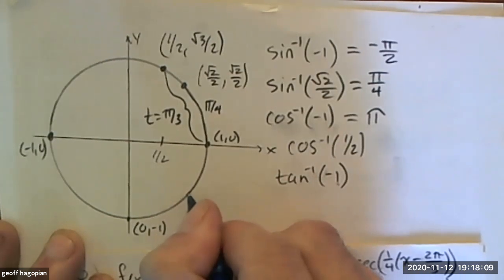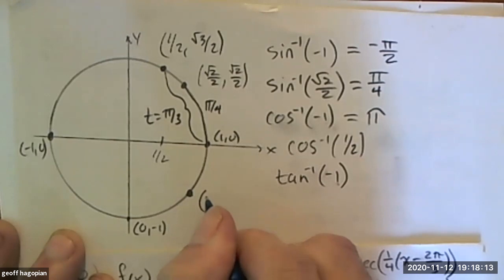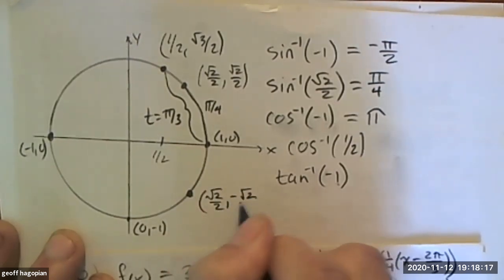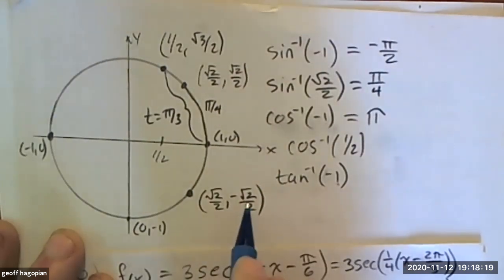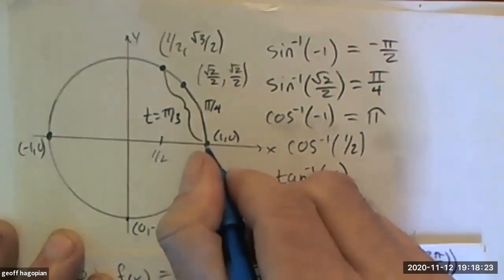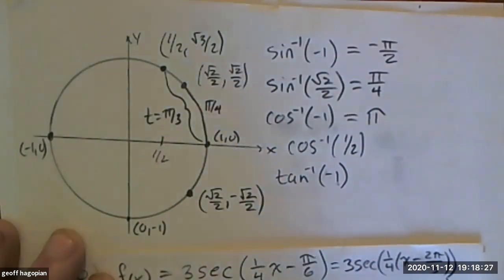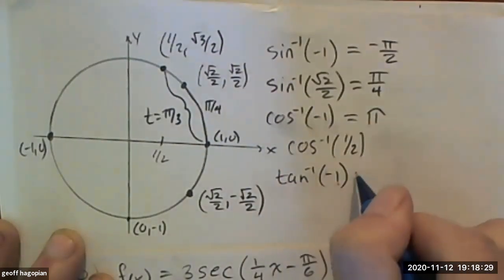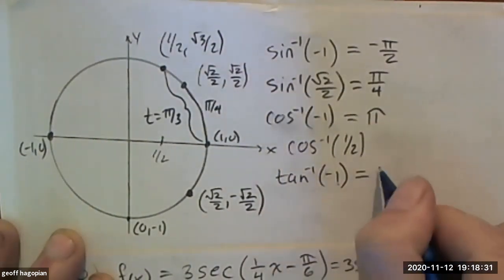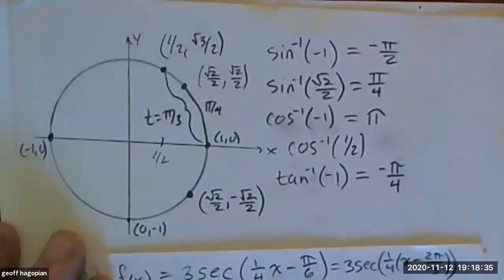That's true in the 4th quadrant here, where x is +√2/2 and y is -√2/2. So the ratio of y to x is -1, right? And this arc here, well, the length of the arc is pi/4, but it's in the clockwise direction, so we refer to that as -pi/4.